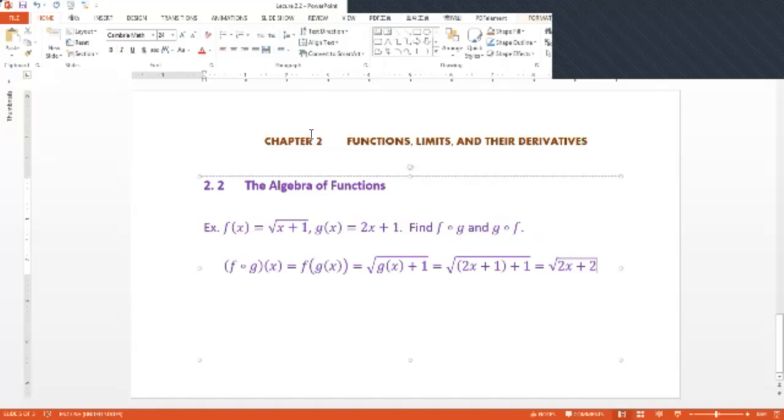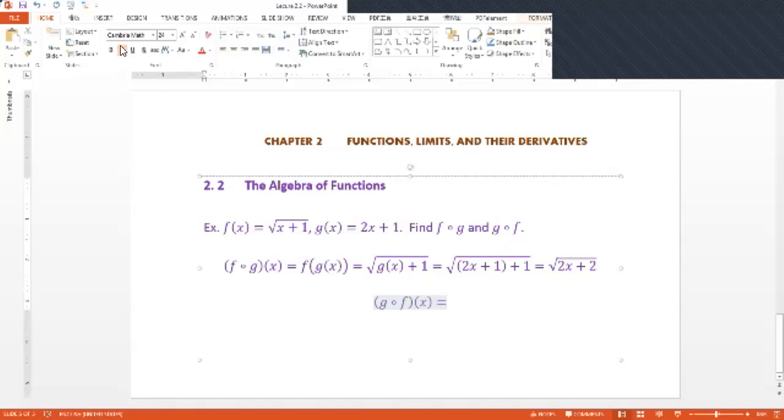All right. So again, by definition, g compose f means we plug in f as the variable in the function g.